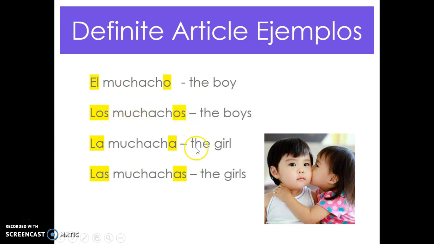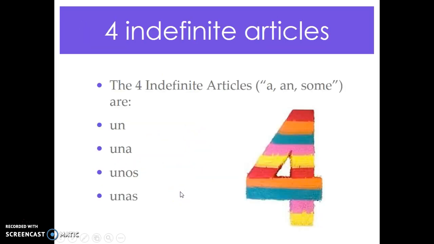Looks similar. In the same way, if I wanted to say the girl, it would be la muchacha, la a. If I wanted to say the girls, las muchachas, las as. Interesting.